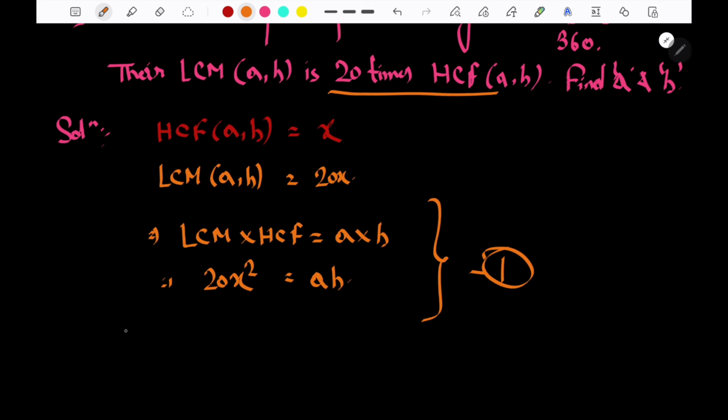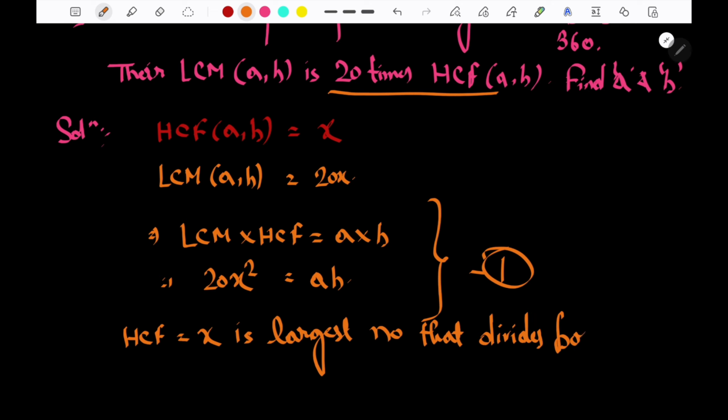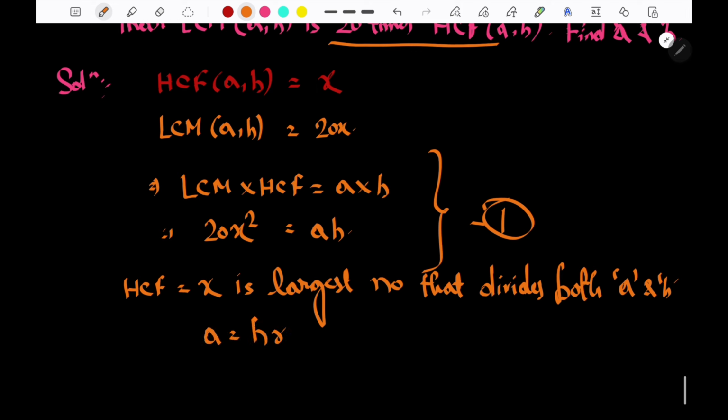We know HCF, that is equal to x, is the largest number that divides both A and B. So basically in this case, A will be equal to h of x and B will be equal to i of x, since x is the HCF.